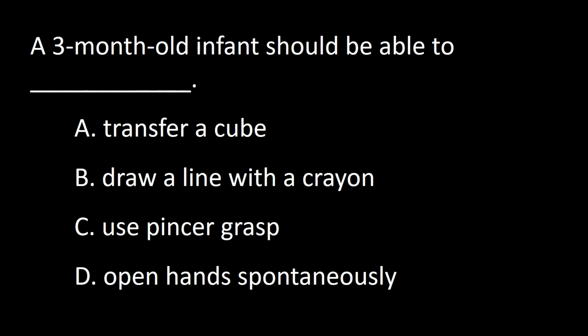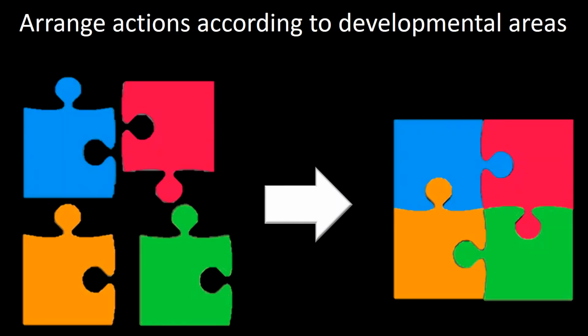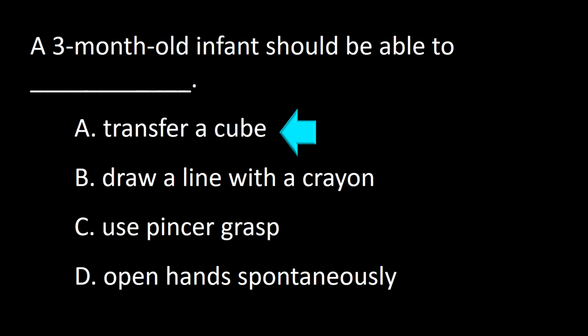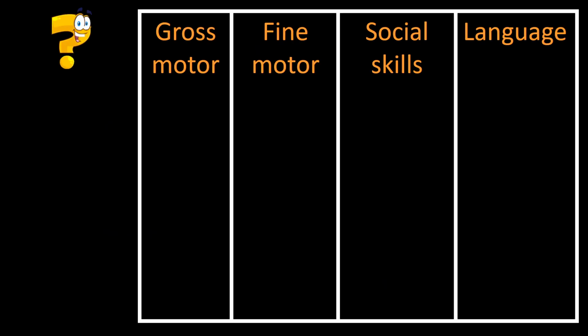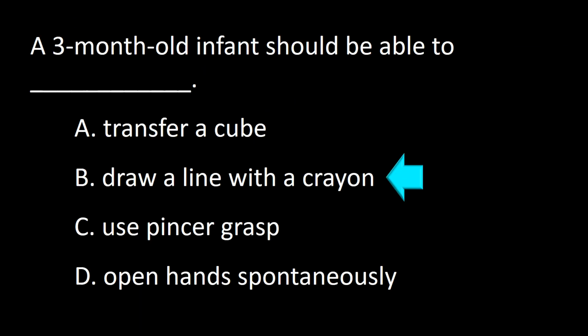The first step to increase the chances of answering this question correctly is to arrange each milestone according to the appropriate developmental area. The first milestone, in the first choice, is transfer a cube. So, transferring a cube is a fine motor area milestone. The second option is drawing a line with a crayon.